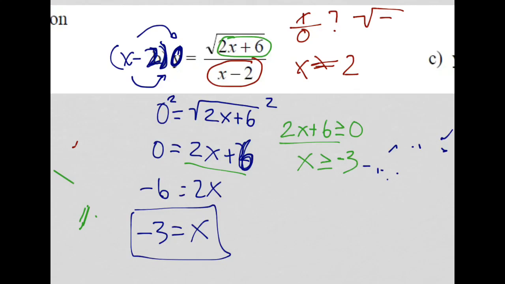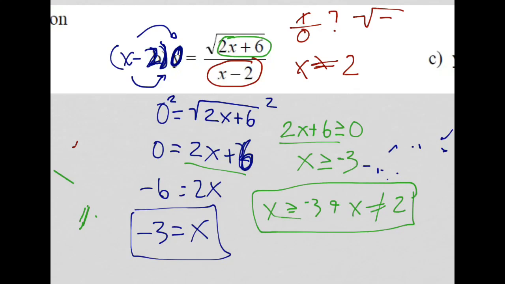Only difference is we have an inequality here, so our domain is x greater than or equal to negative 3, and x also cannot be equal to 2. So I know that this point right here, that 0, is actually the starting point of my function. And that kind of makes sense based off of what we know about the square root function.